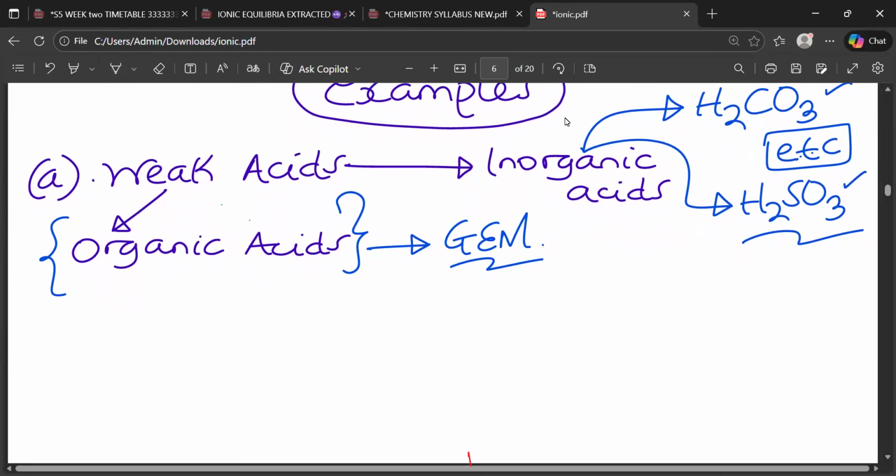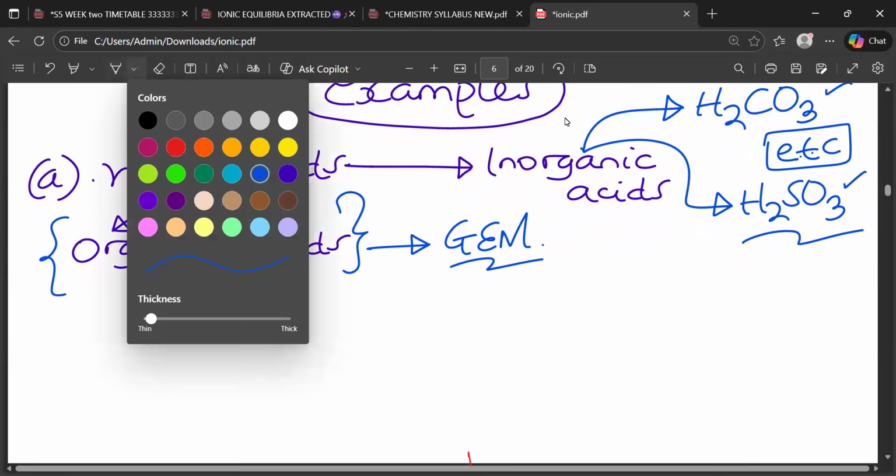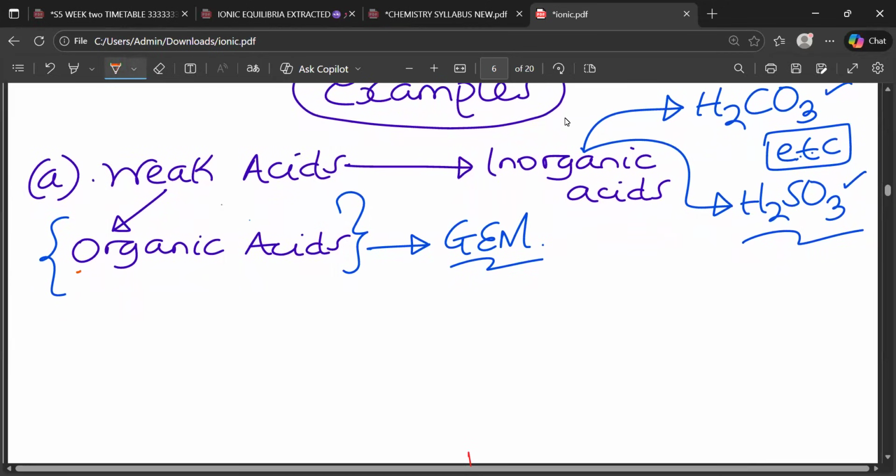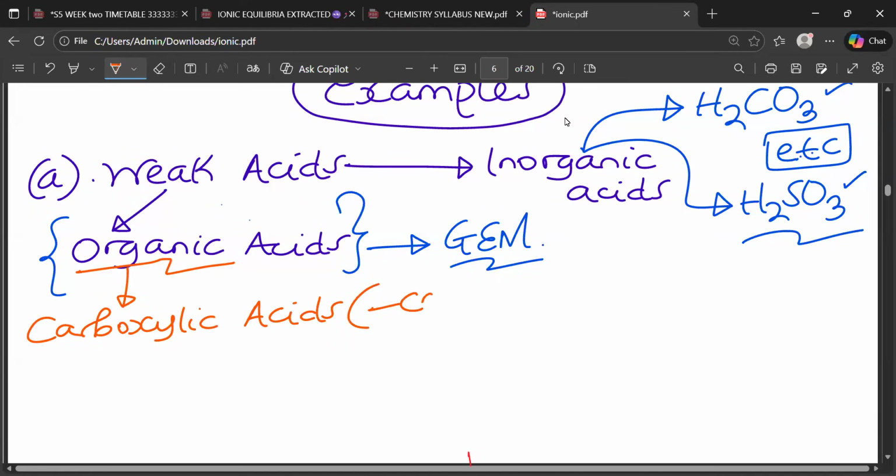So the organic acids in chemistry, they are the ones they call the carboxylic acids. And you all know that carboxylic acids have this one as their functional group.